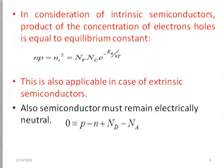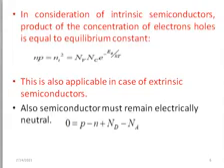Also, a semiconductor, whether it is extrinsic or intrinsic, has to be electrically neutral, and that is achieved by saying P minus N plus Nd minus Na equals 0, where P is the number of holes, N the number of electrons, Nd the number of donor impurities, that is group 5, and Na the number of what?